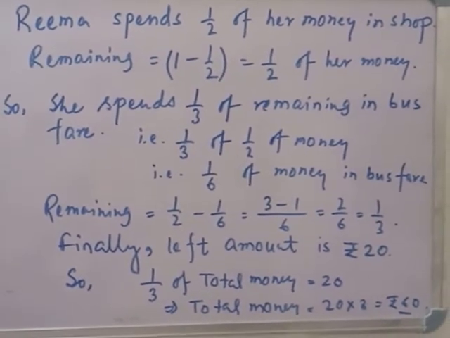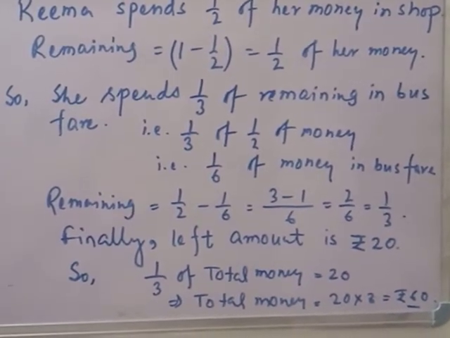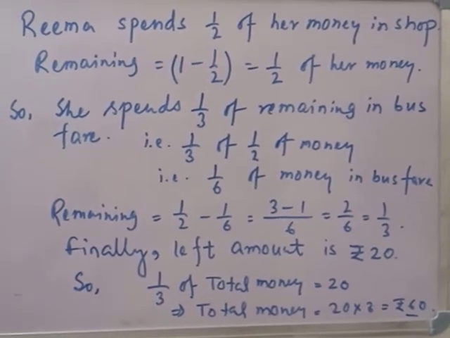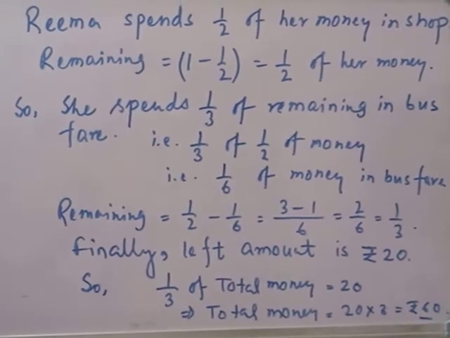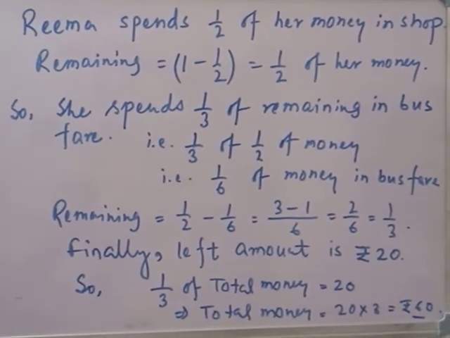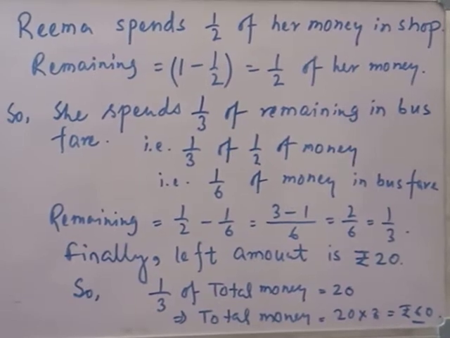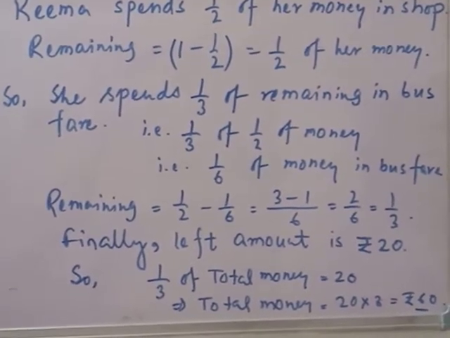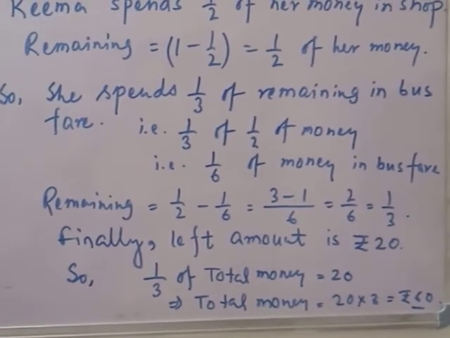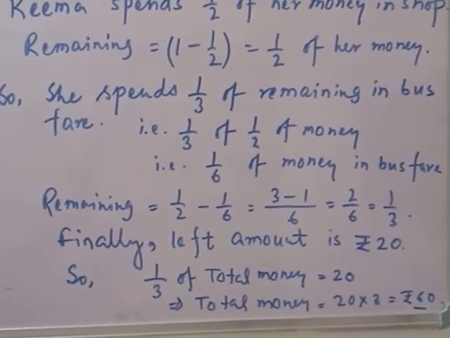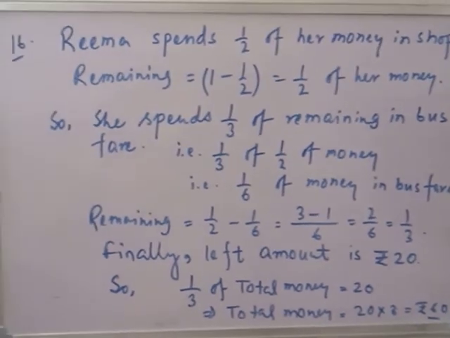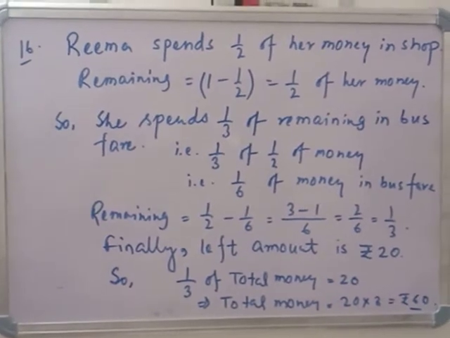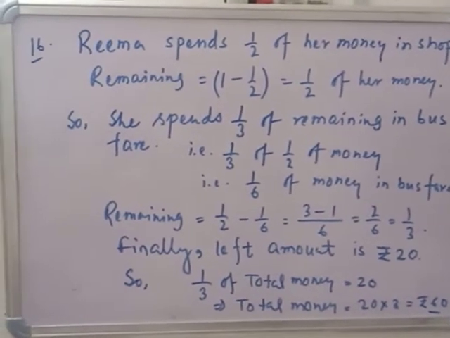So 1 by 6 of her money on bus fare. So the remaining after bus fare is 1 by 2 minus 1 by 6, that is 1 by 3. So the finally left amount is rupees 20. So 1 by 3 of the total money is rupees 20. That means total money equals 20 into 3, that is 60. Okay. Very easy sum. Do it in your copy. Okay.